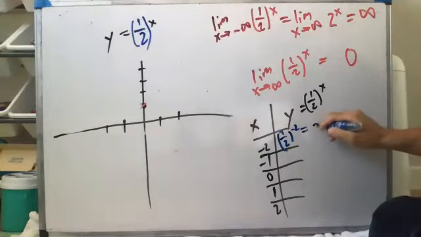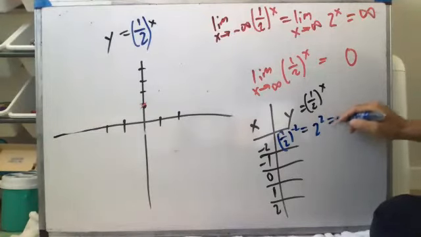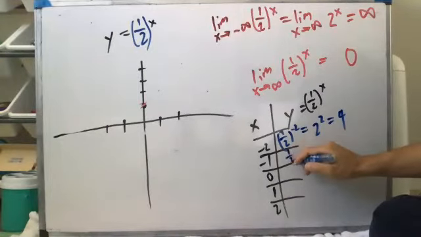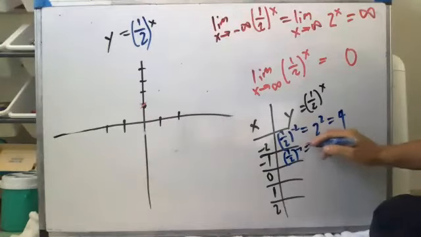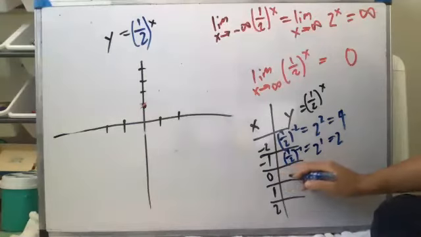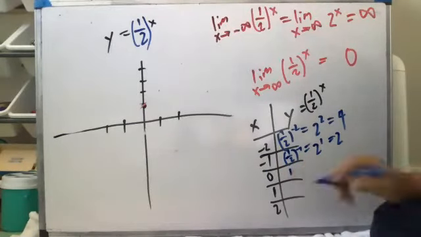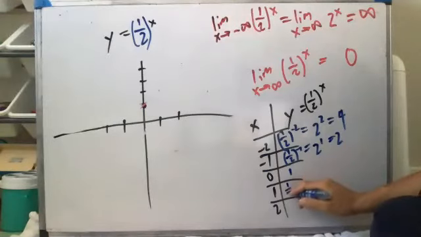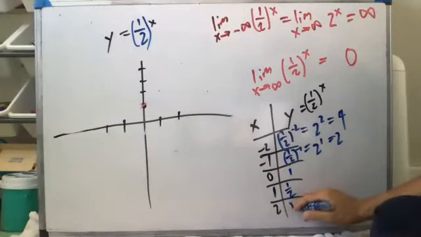It's going to flip it, so it's 2 to the +2, which is 4. This one is 1/2 to the -1. The negative is going to flip it, so it's 2 to the 1, which is 2. Anything to the 0 power is 1, whether it's a half or it's 2. 1/2 to the 1 power is just a half, and 1/2 to the second power is 1/4.